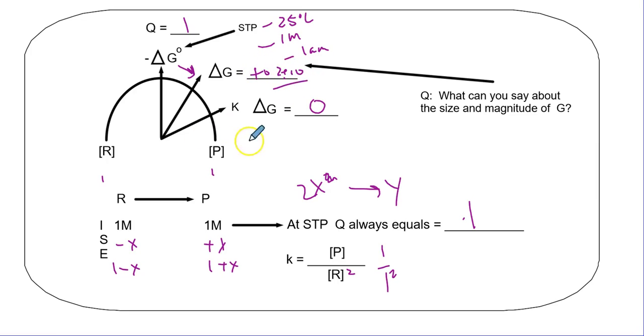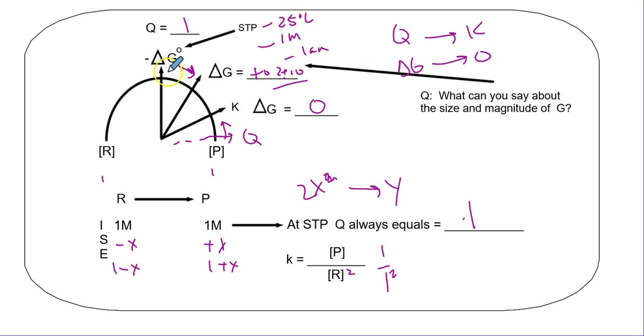It might be getting bigger to go to 0. If you happen to be over here, it will get bigger, okay, or smaller or bigger, whichever one. It's approaching 0, and that's how you want to answer that. Because there's a lot of negatives involved here, you don't necessarily want to say it's getting bigger or smaller. Say it's approaching 0. Okay? So Q becomes K, Q will become K, and delta G will go to 0.